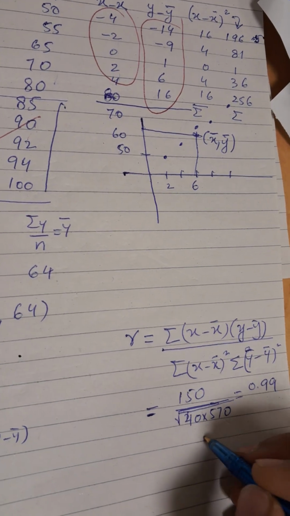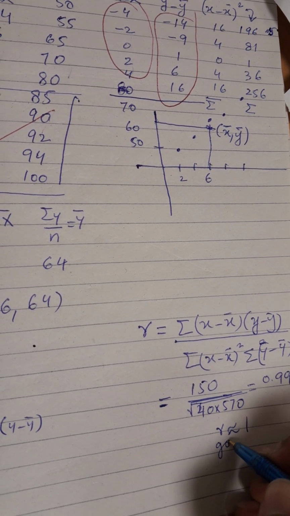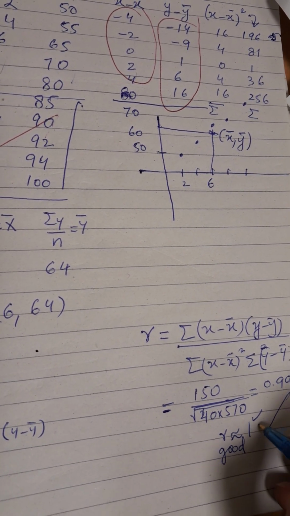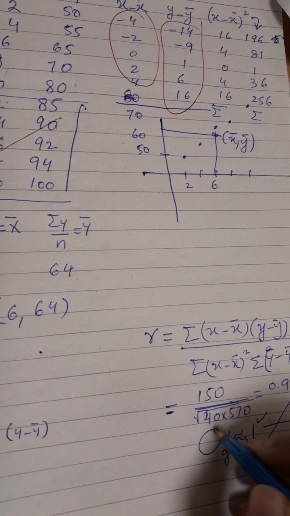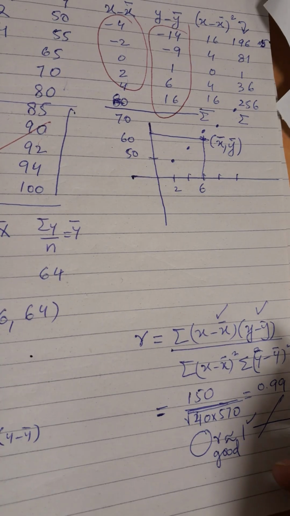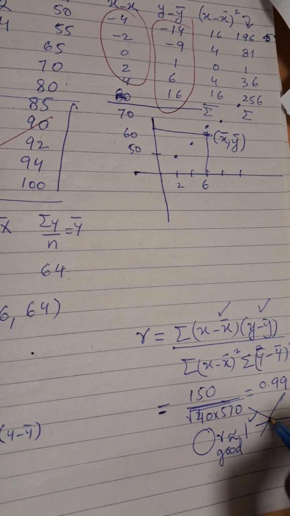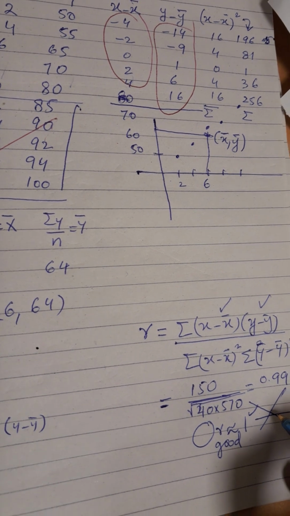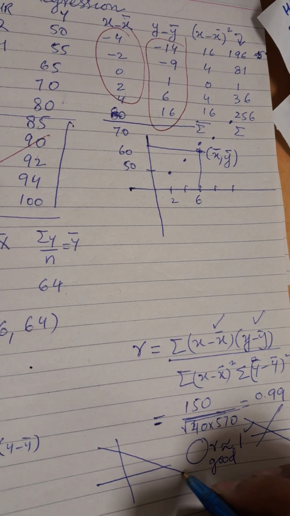So if R is equal to 1, that means a very good correlation. And the second thing it shows is that if it is positive, the slope would be positive. Had this term been negative because one of these turned out to be negative, then the correlation coefficient would be negative, and in that case the correlation is negative.